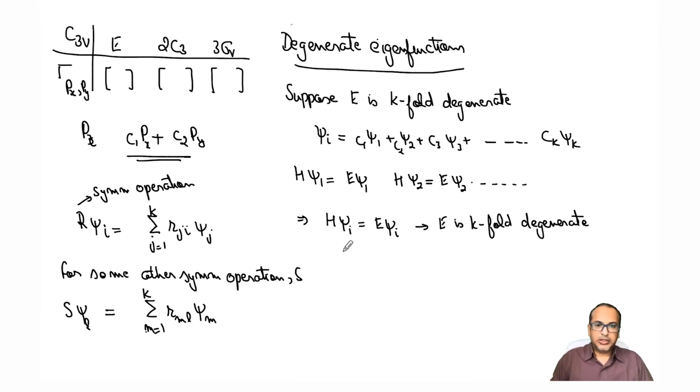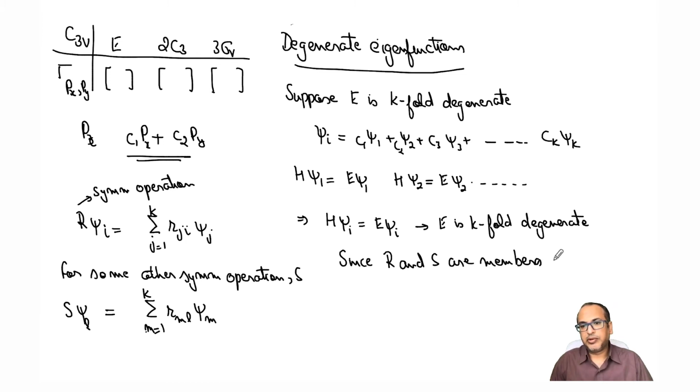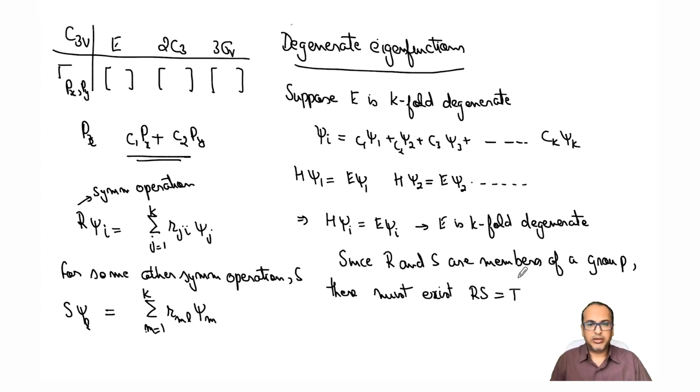Now, since R and S are members of a group, as per the group definition there must exist a product of R and S equal to T, which should also follow similar behavior. So the effect of T on psi should also be similar.